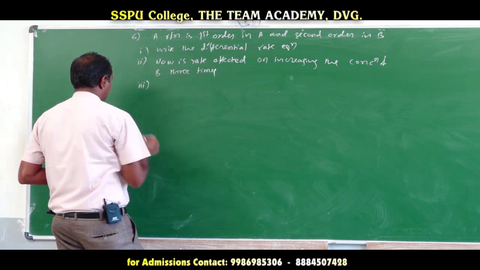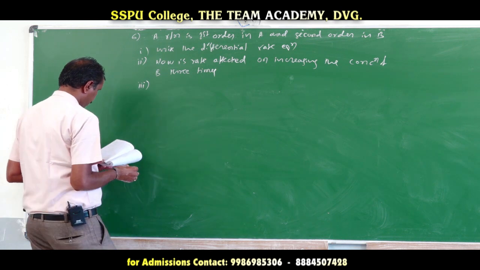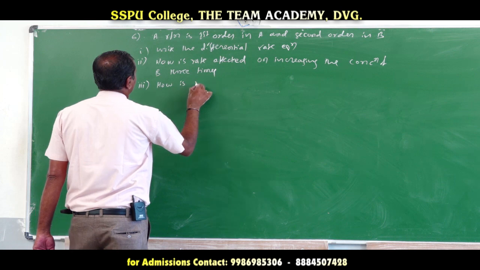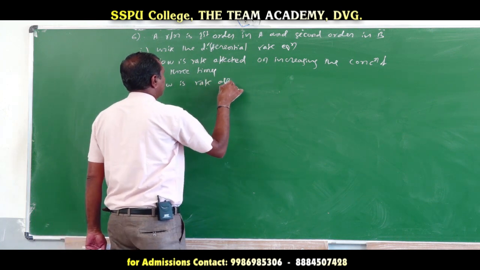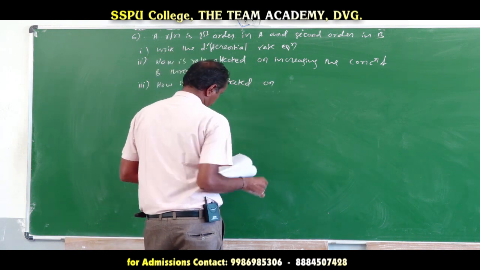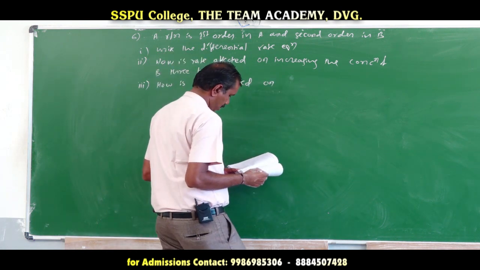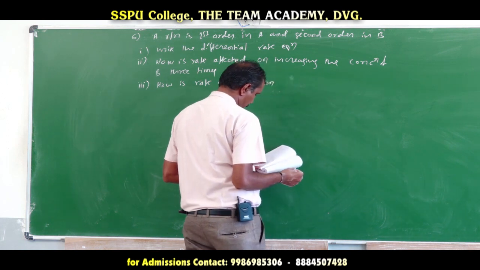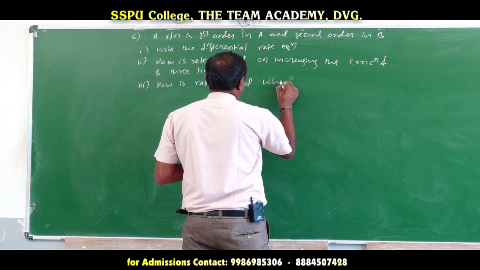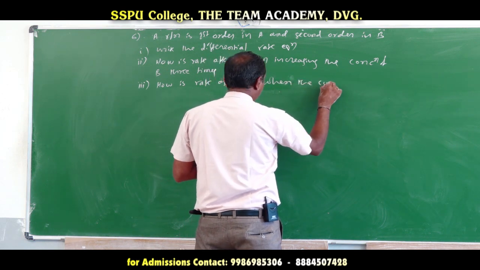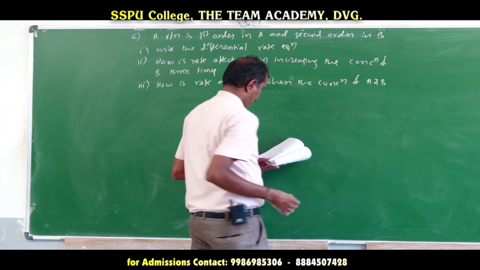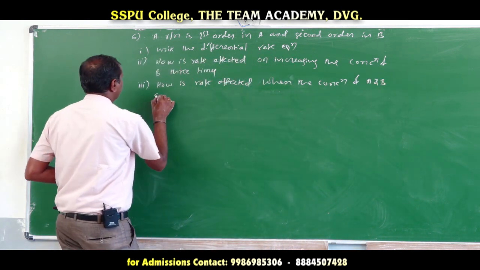Third one, how is rate affected when the concentration of A and B are doubled.